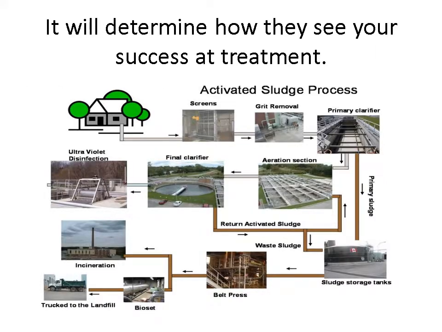It will determine how well the public sees your success in your treatment. If you have a clean process and you're constantly maintaining your plant, it's going to show in your process, from your bar screens to your grit removal, your primary clarifier, all the way through your aeration, your final clarifier, even your disinfection processes, all the way through to your sludge processes. Everything is going to show how well maintained your plant is.